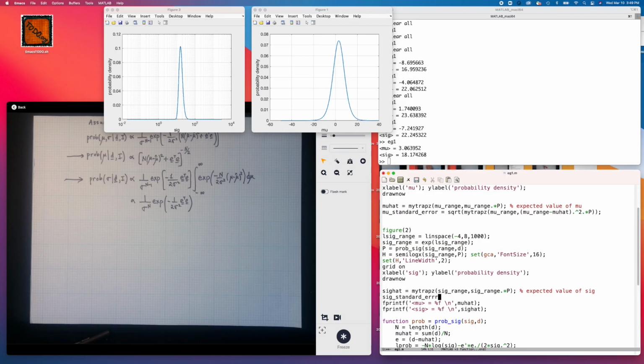So here it's the standard deviation of the posterior probability for the standard deviation. And again, I remind you that these are not very good error estimates because the PDF is not symmetric. In the limit where I have a large data set, it's going to become a better and better summary of the uncertainty.